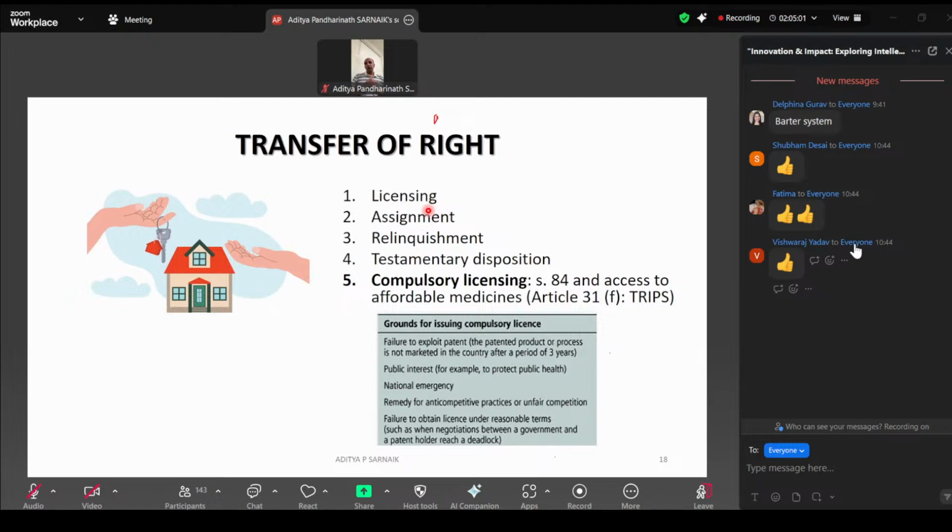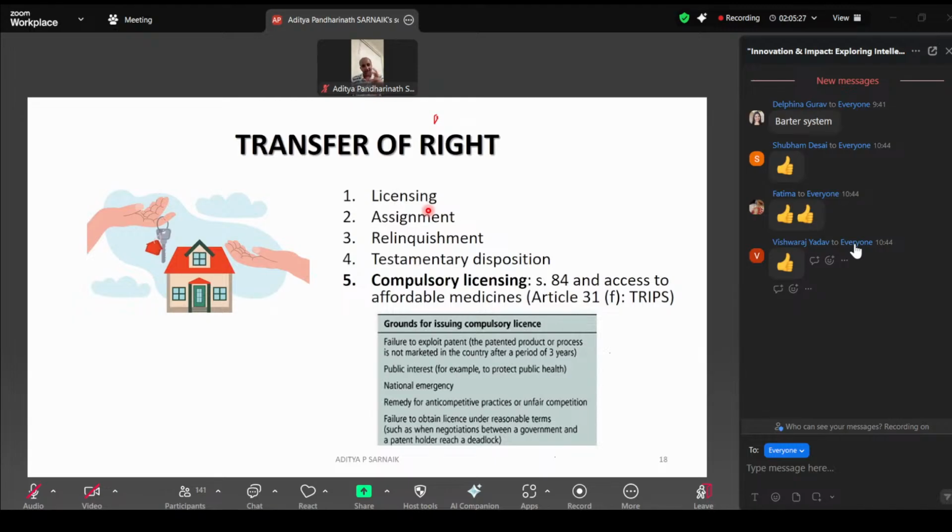So suppose I am licensing something and somebody infringes that invention, and I file an infringement suit, then the infringer has to give the penalty amount to the original patentee and not to the licensee.